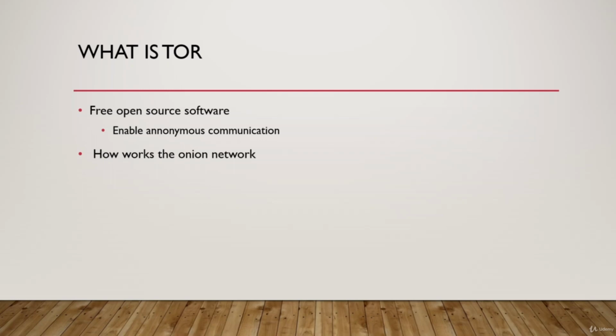A few questions that people ask is, for example, does Tor hide my IP address? Yes, Tor, by passing through different computers and servers, will hide your IP address, and that's one of the main goals of this software, to help you stay anonymous online. And hiding your IP address is one way for you to stay anonymous online, because no one will know where you are and from where you're browsing.